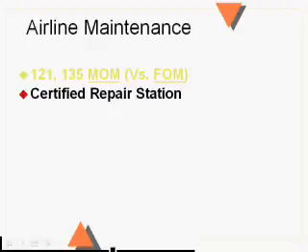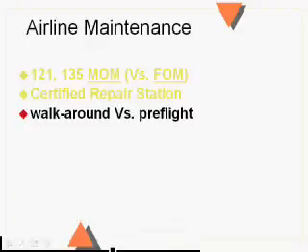In it, you're going to have a certified repair station. I've never seen a 121 operation, at least, that didn't have an FAR 145 repair station, and the vast majority of 135 operations have a 145 repair station as well.